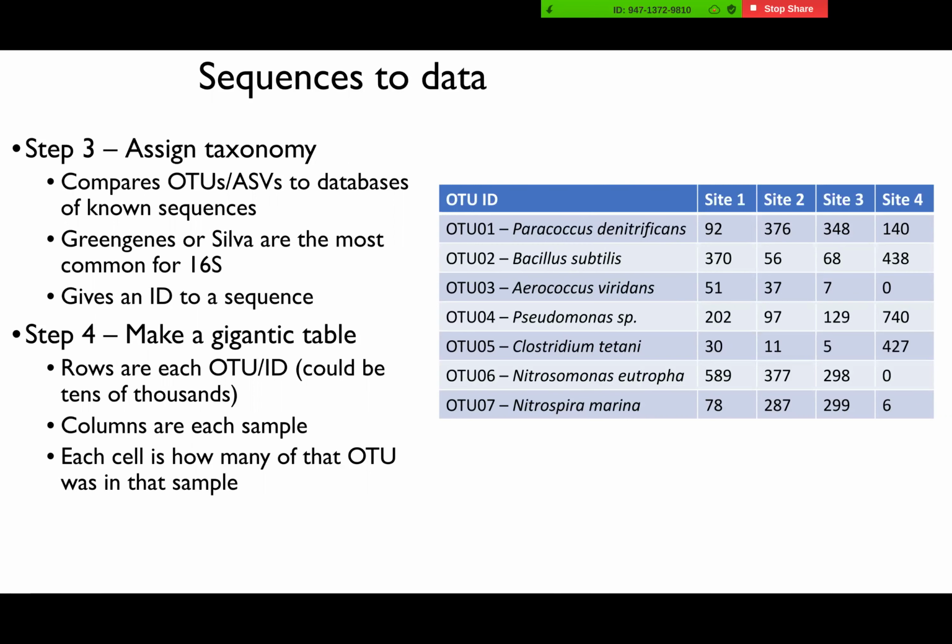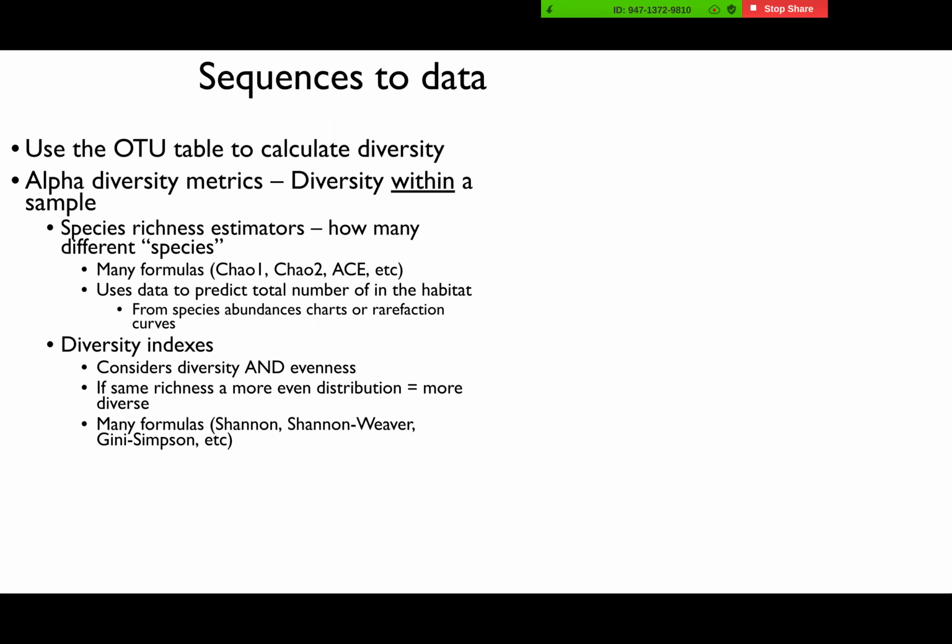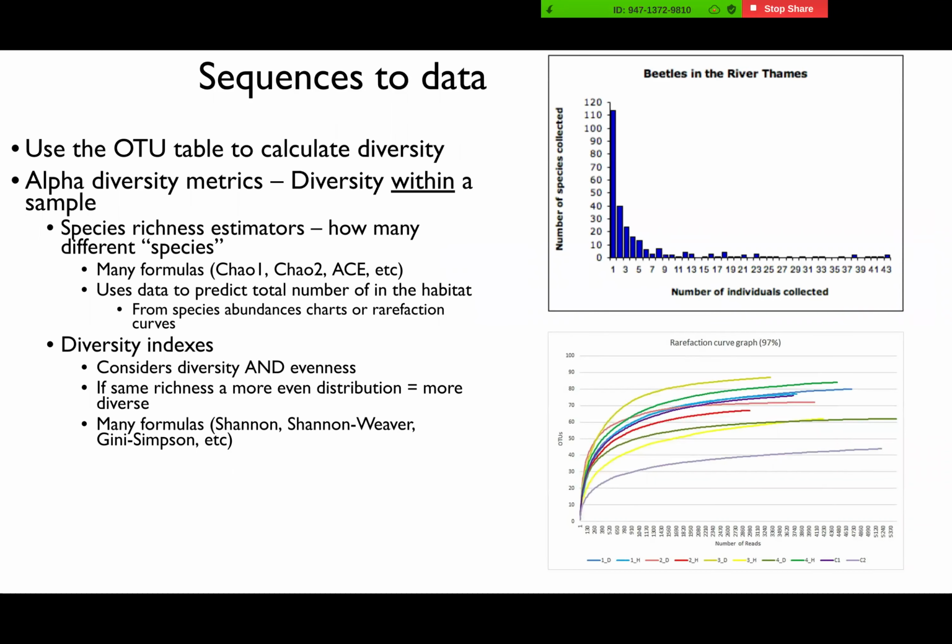Now, once we have this table, we could use the OTU table to calculate a couple different things. So the first we can do is calculate what we call alpha diversity, which is the diversity within a given sample, i.e., how many different species of microbes do I have? So we have this very basic example here of the number of beetle species in the Thames River.